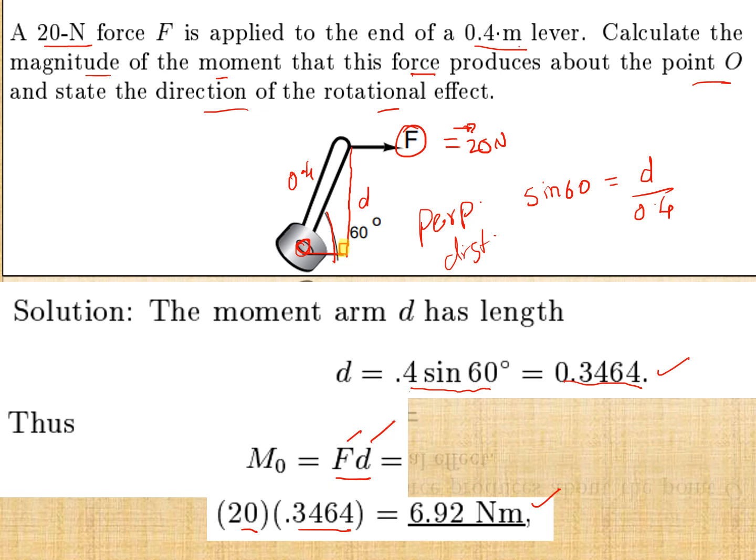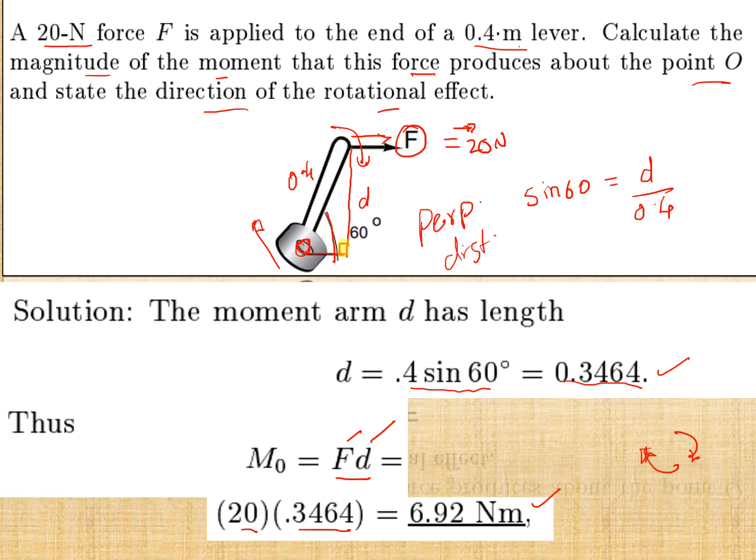Now where will it move? Will it move clockwise or anti-clockwise? Any guesses? When the force is applied in this way, the moment will be on this side. This will be a turning effect.